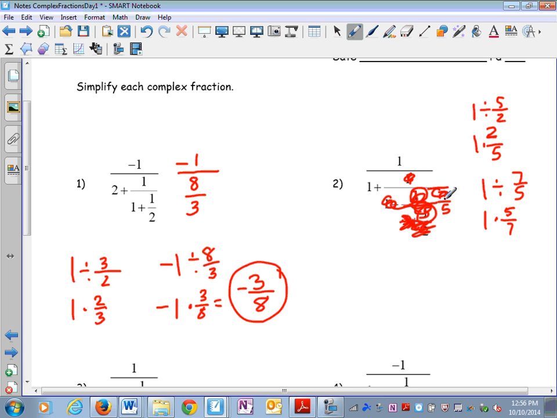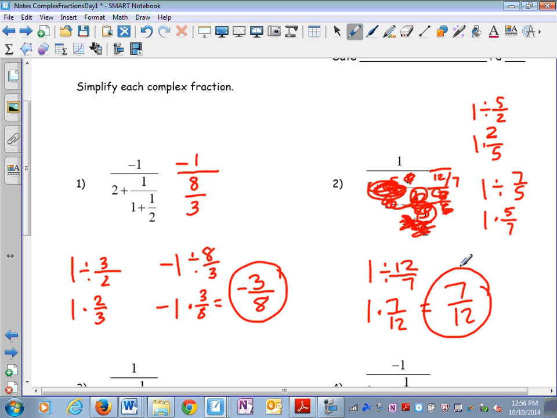So we can simplify all of this to be 5/7. 1 plus 5/7 is 1 and 5/7, or 12/7. So our final step is 1 divided by 12/7, which is the same thing as 1 times 7/12. There you go.